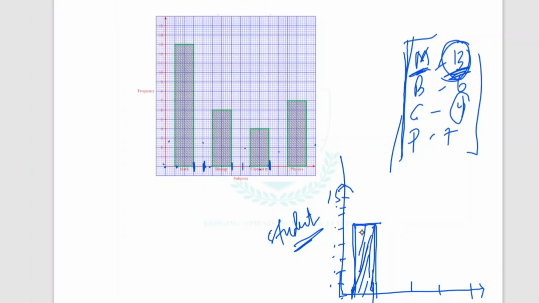So I can shade it like this. Biology is 6, so I see where 6 is on this scale, leave the space, let's assume 6 is here, and then also shade.